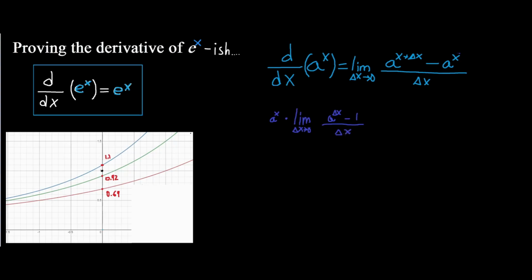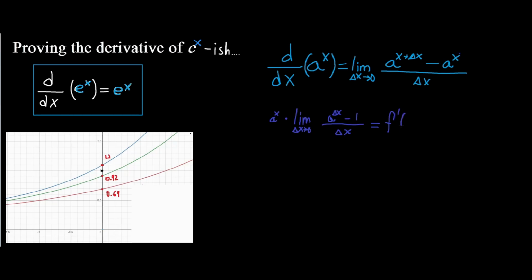What's interesting is that the limit as delta x approaches 0 of a to the delta x minus 1 over delta x can be rewritten as the derivative, f prime of 0.